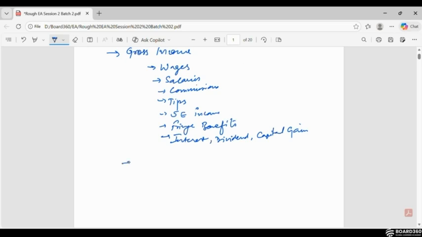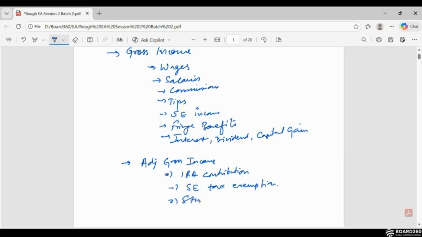and then we will determine adjusted gross income. That means there are certain deductions allowed which we can adjust against the gross income to reduce your taxable income, which includes IRA contribution. IRA contribution is like a retirement benefit, like a PF over here. Then there is the self-employment tax deduction: 50% of the self-employment tax you can claim as a deduction.